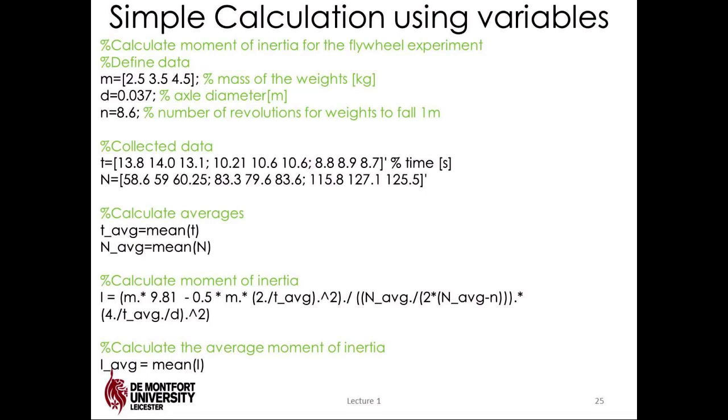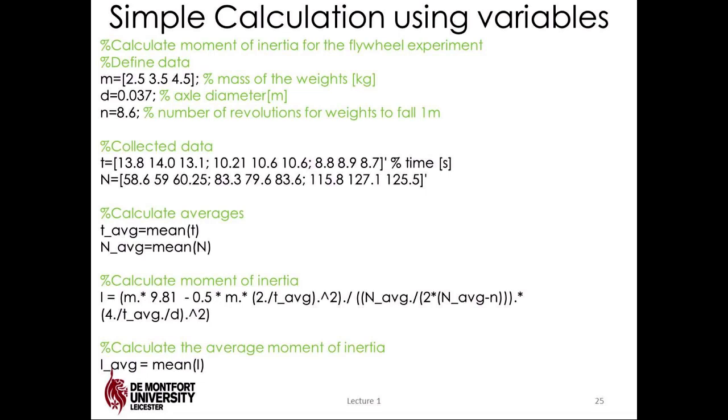I used the mean function to calculate the average value for each column. So this value is the average value for this column, this element is for this column, this element is for this column, and similarly this element is for this column. And then I used the rearranged equation to calculate the moment of inertia 3 times. Then I used the mean function to calculate the average moment of inertia.